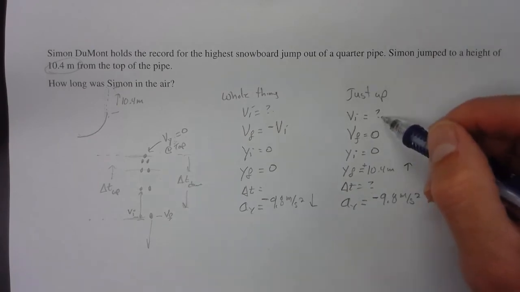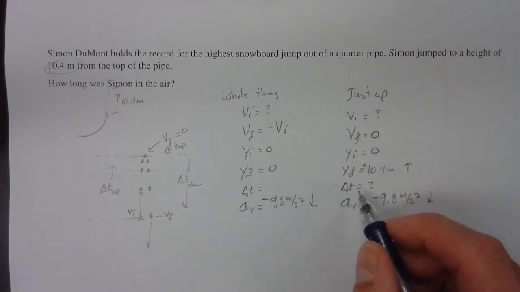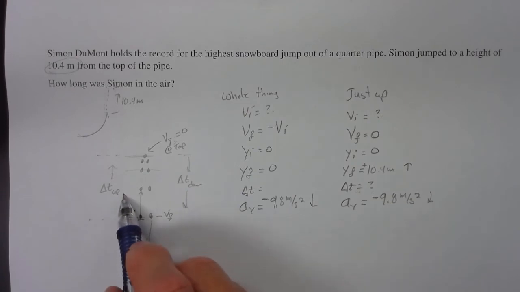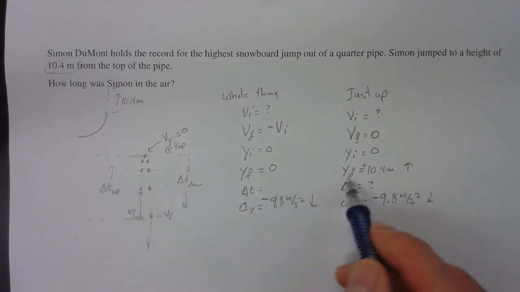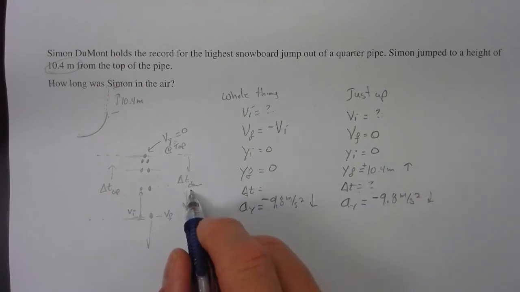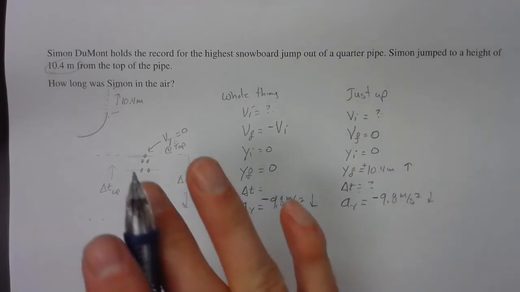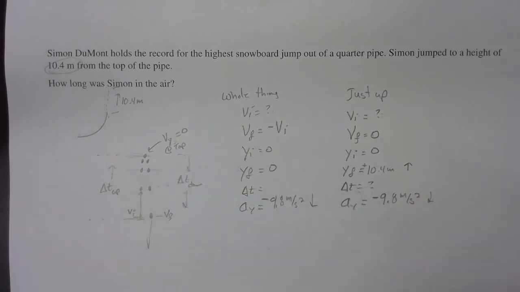Okay, so what do I want here, though? I don't need the velocity at the beginning. I could go find that out later. But if I find this time, that's essentially half of the time in the air. Time up and time down are equal. So I'm going to find that time up and then double it.